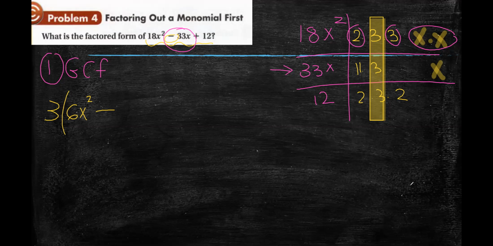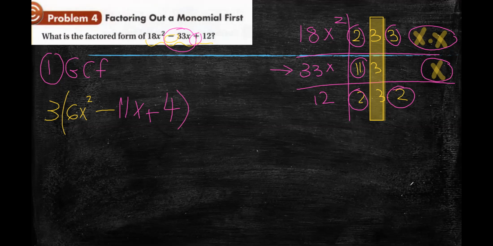Okay. Then minus. Look at 33 here. If I take a 3 as a common factor, which monomial will remain? 11x. Then plus, if you remove the 3 as a GCF, which number will be left? 4.